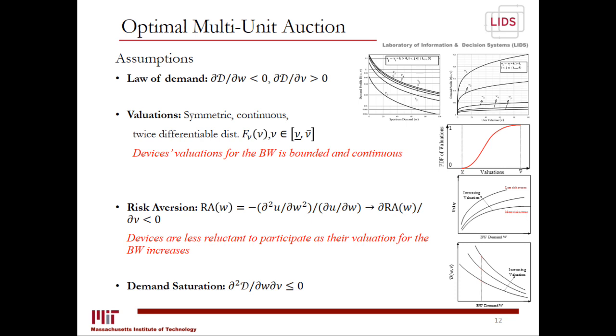They become more risk neutral, or probably more risk seeking. This is a very intuitive idea, because as the valuation increases, these devices are willing to participate more and pay more. And finally, the final assumption is about the demand saturation, which is shown here.